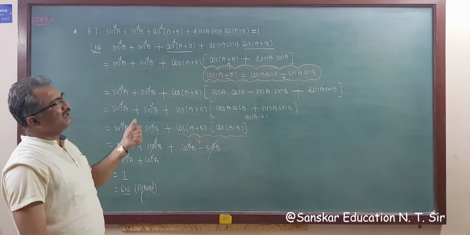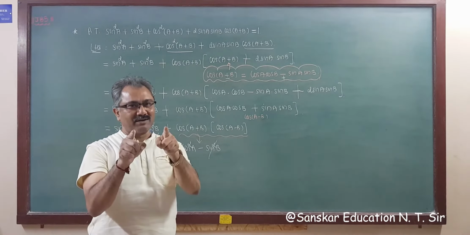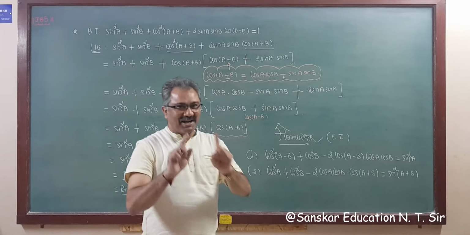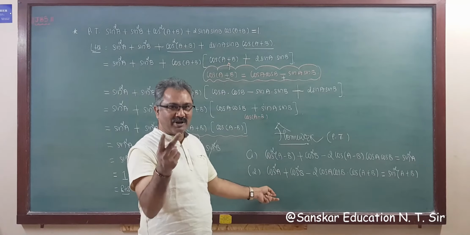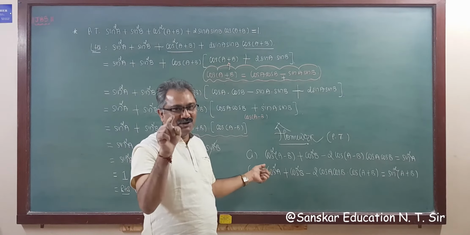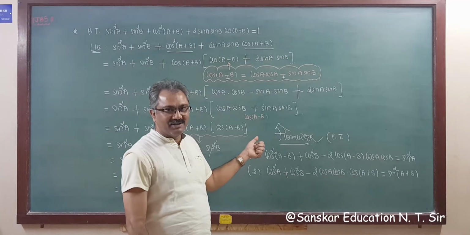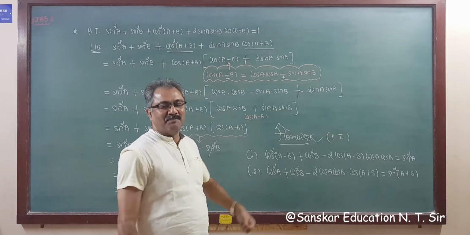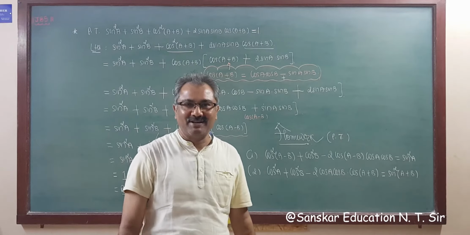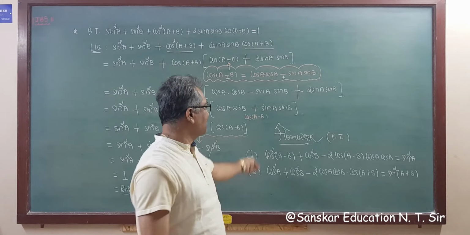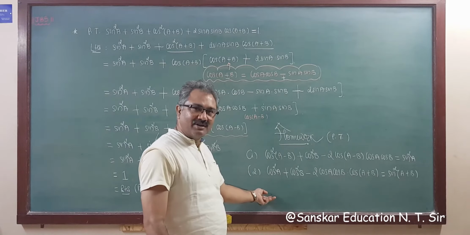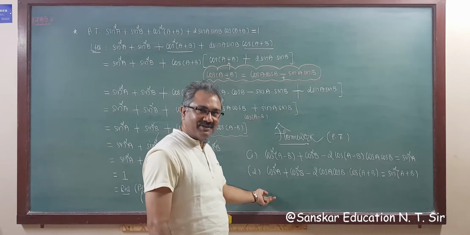So for a similar type of question, homework. See here. So as per my promise, 2 questions for do it yourself, do it at home, okay, and be perfect in trigonometry, right? Practice makes a man perfect. So write down these 2 questions and solve them yourself.